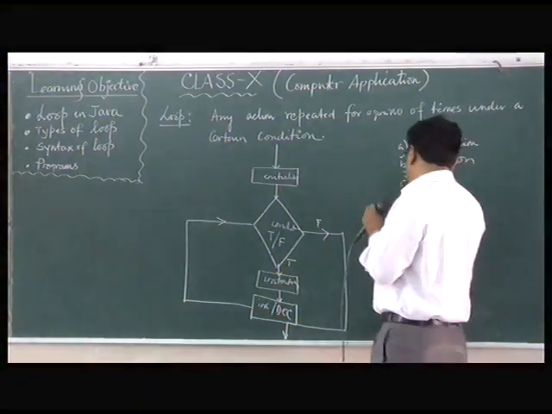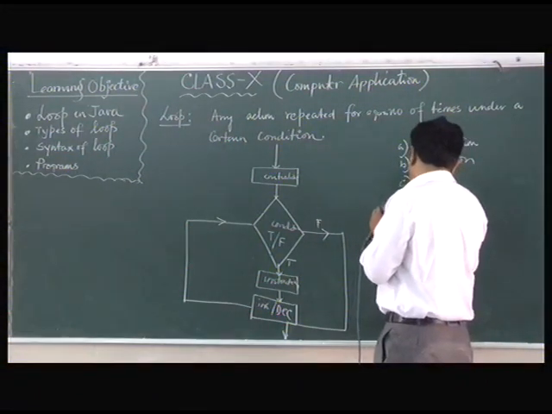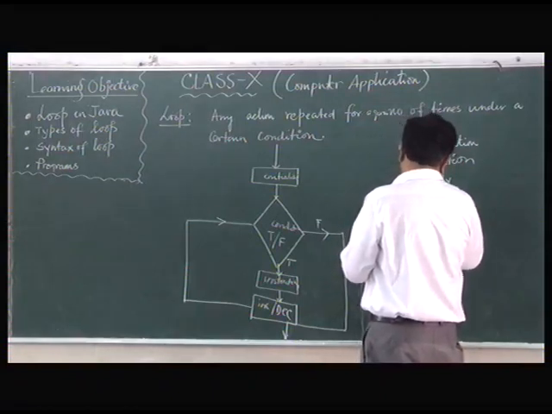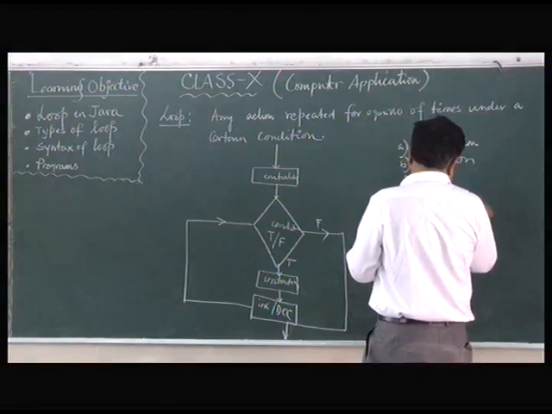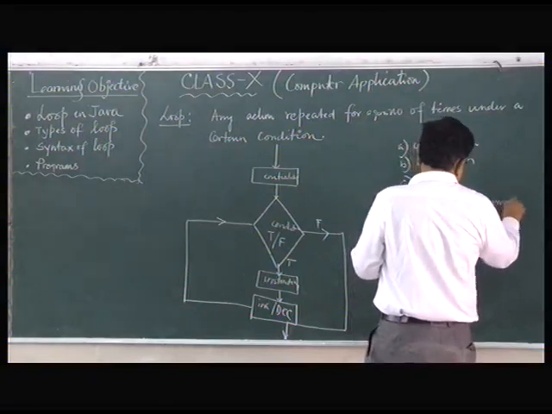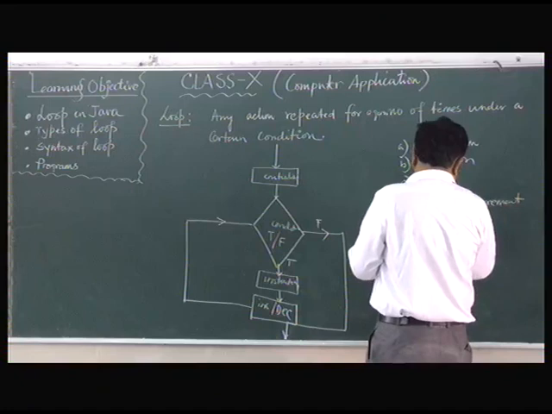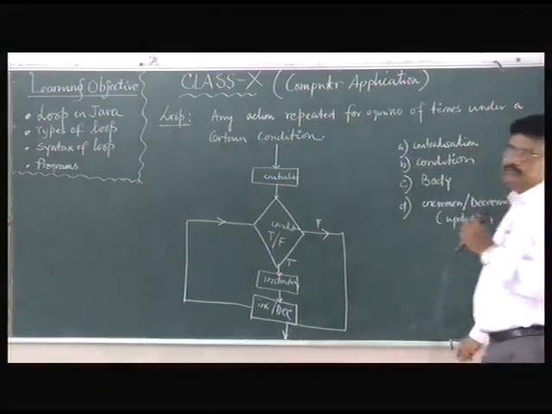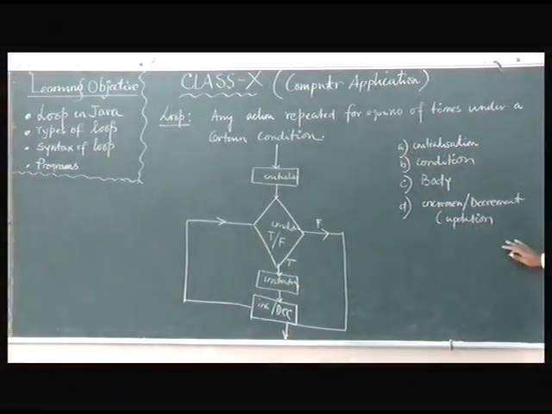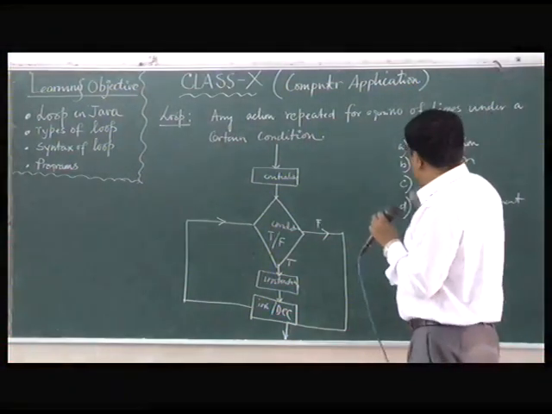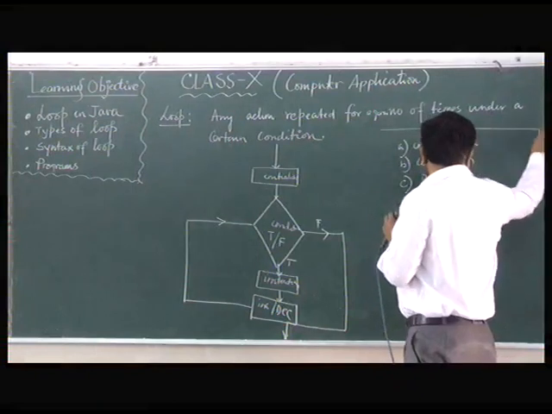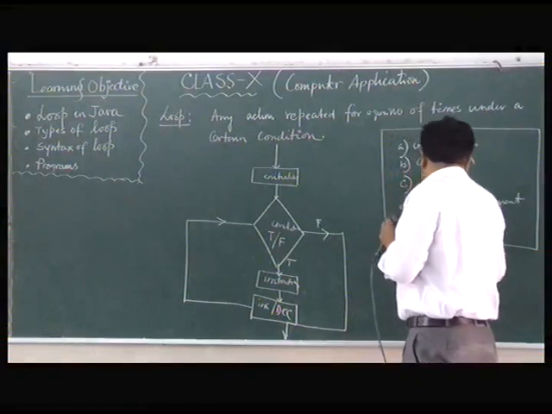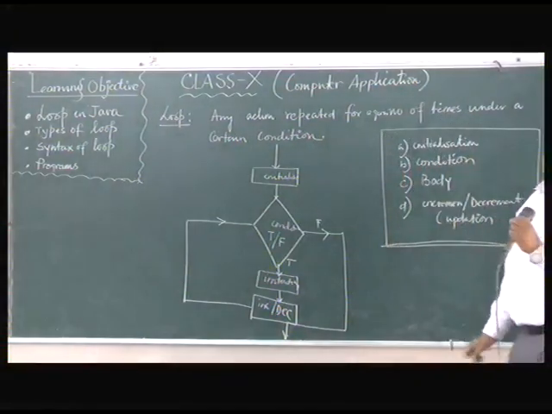Then after the body of the loop, it goes for the increment or the decrement, which we can call the updation. Any loop must have these 4 points. Remember this: without the 4 points, the loop will not be able to run.